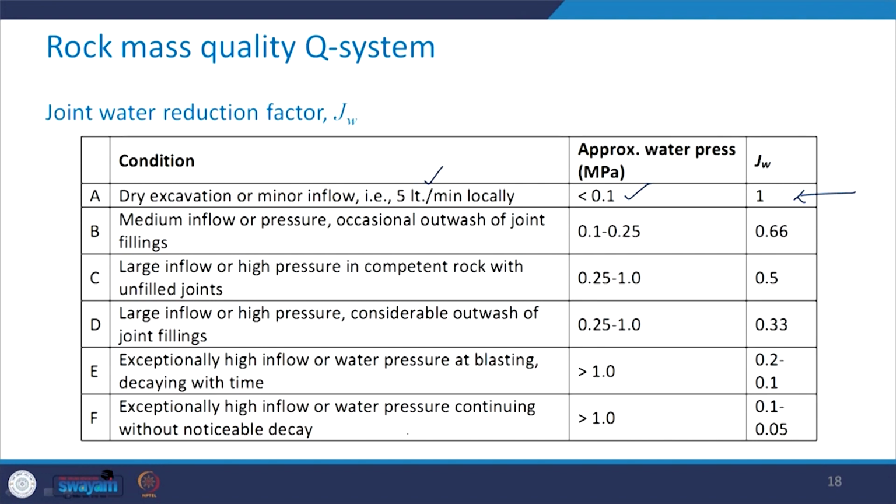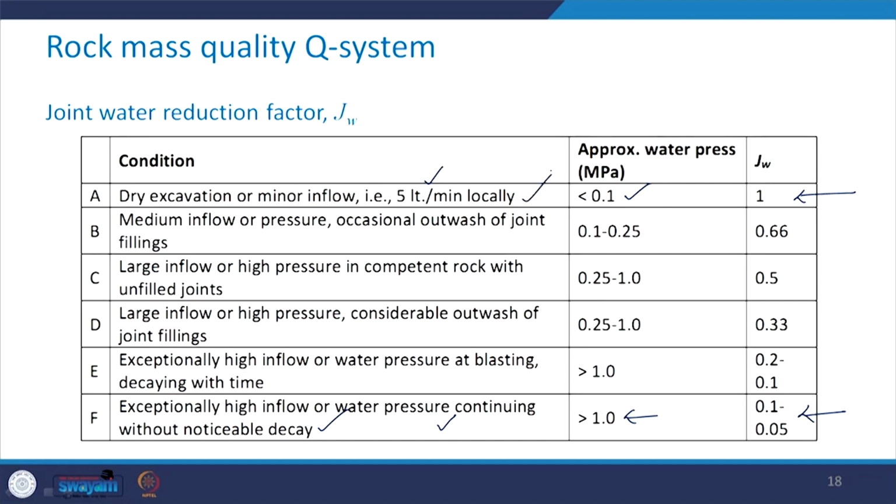You can see the last category, when you have exceptionally high inflow or water pressure continuing without noticeable decay, then the approximate water pressure will be more than 1 megapascal and the rating is assigned between 0.1 to 0.05.